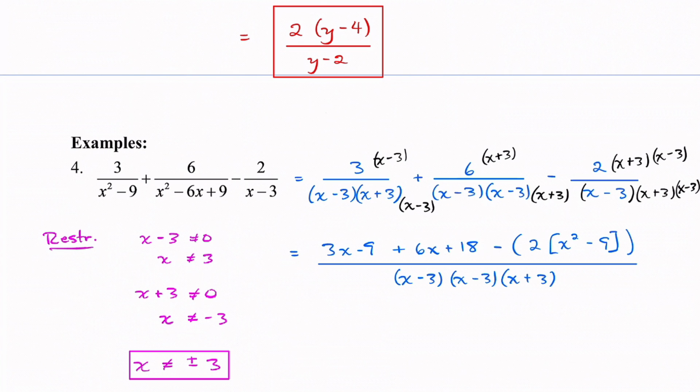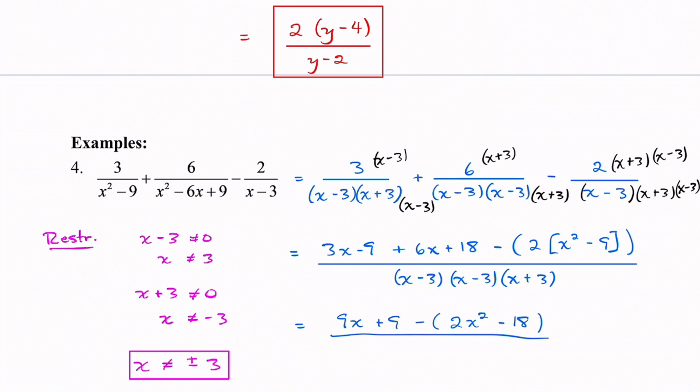So in the numerator, I can put some terms together, like these two I can put together, and the 9 and the 18, I can put those together. And I'm also going to multiply this 2 into here, and then after I'm going to have to distribute the negative. So putting the x's together, 3x and 6x, I'm going to get 9x. Putting the negative 9 and the positive 18 together, that's going to give me 9. And then I had minus 2 times x squared is 2x squared, and then 2 times negative 9 is negative 18.